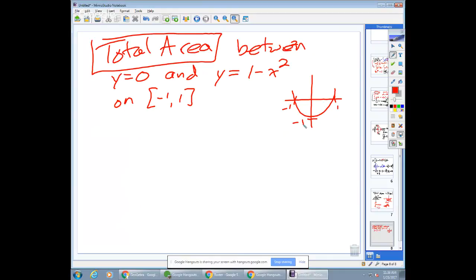We could try and integrate from -1 to 1 the absolute value of our function, 1 minus x squared. Absolute value is a function. Its antiderivative is kind of a pain. Anybody ever remember seeing a derivative formula for the absolute value of x? Some classes cover it, some don't.